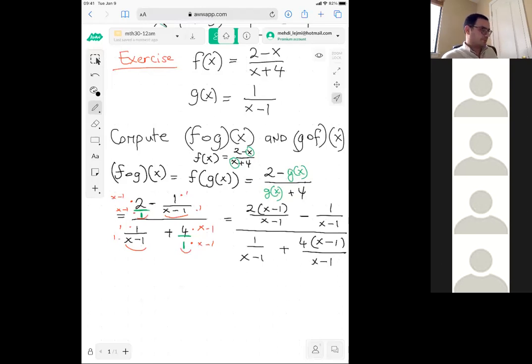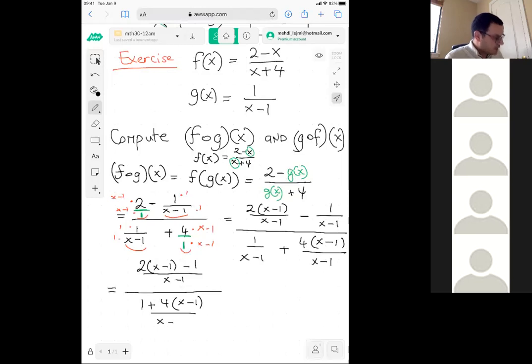So now I have a subtraction in the top and addition of fractions in the bottom, with my common denominator. In the top, I subtract: 2 times x minus 1, minus 1, over x minus 1. In the bottom, I add the tops, which is 1 plus 4 times x minus 1, and the denominator is x minus 1.